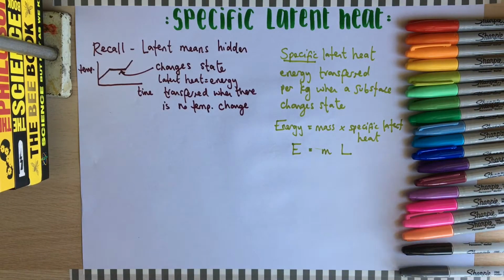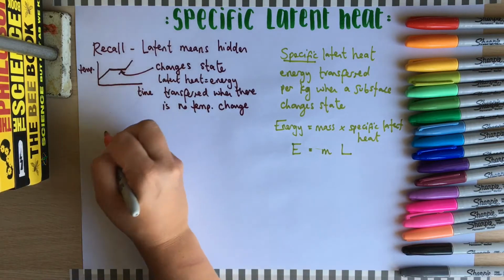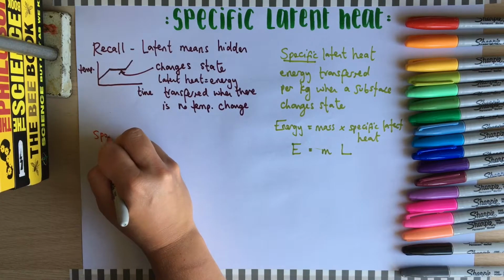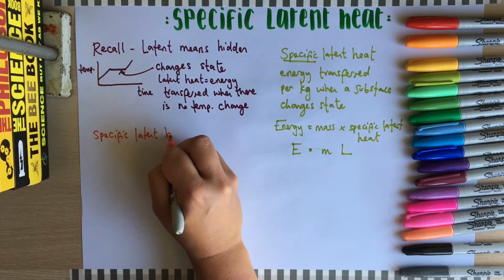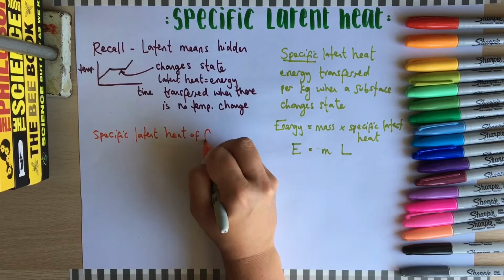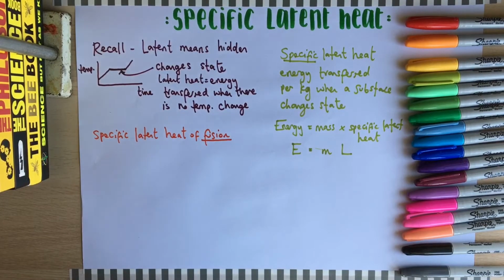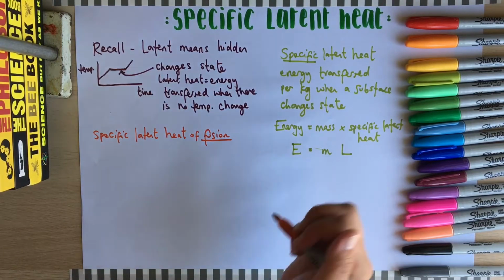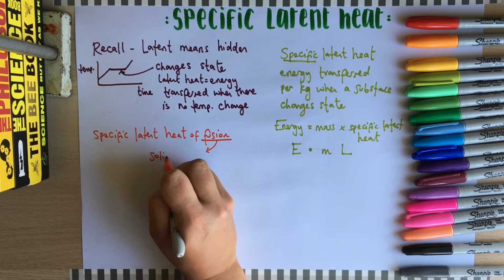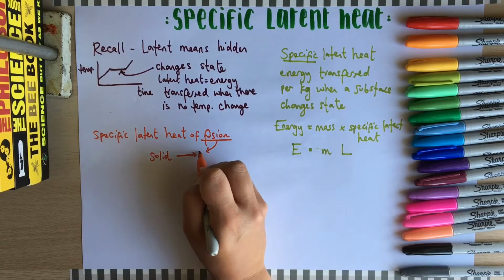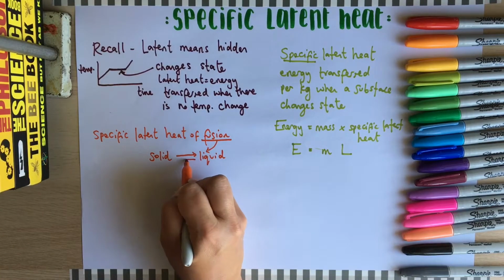So let's first of all think about the specific latent heat of fusion. The fusion bit refers to the change of state where we're going from a solid to a liquid, or if we were going from a liquid to a solid.